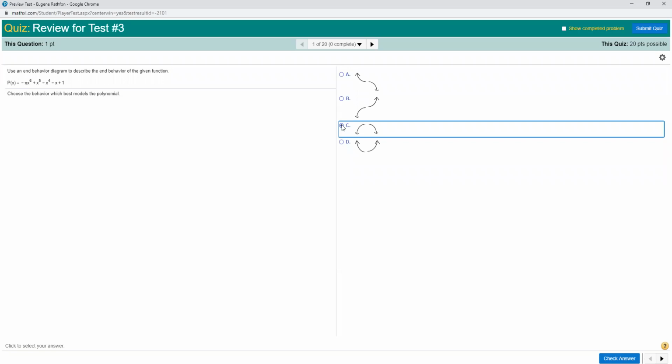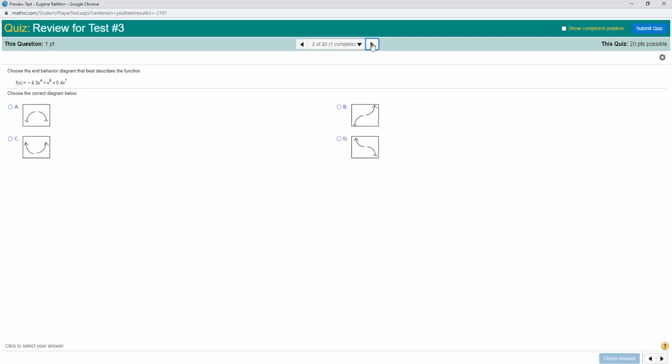So keep that picture of that chart because you'll use that on problem 1, and I believe problem 2 you can use it on. So the same thing, choose the end behavior. Now the highest degree on this one would be a 7, so you got an odd degree. The number in front of it is a 0.4, which is positive.